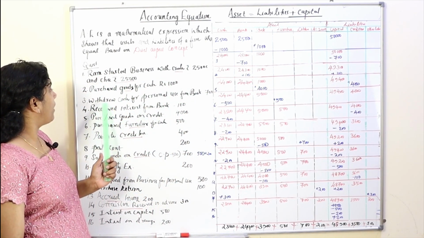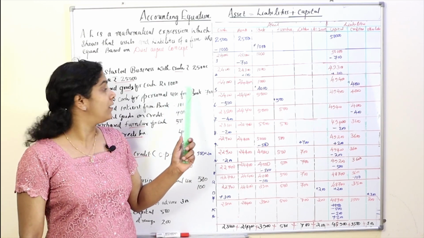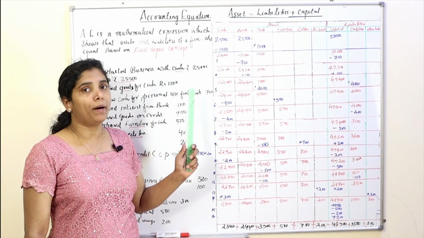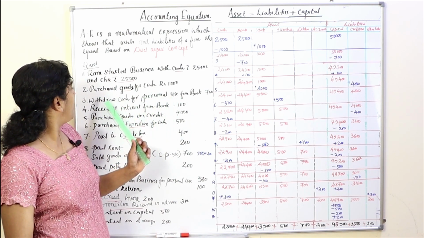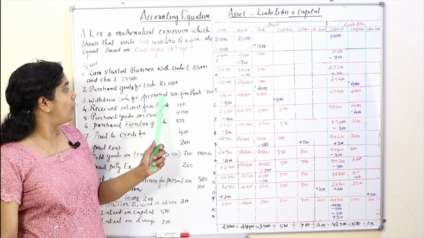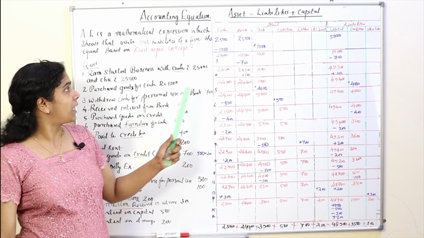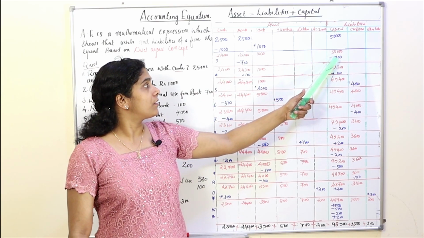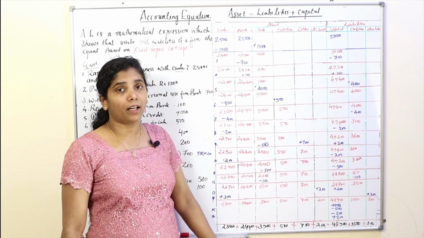The third one: withdrew cash for personal use from bank, rupees 700. From the bank, he withdrew rupees 700 for personal use. What he takes for personal use, we have to subtract from his capital, because he invested 50,000 and took back 700.